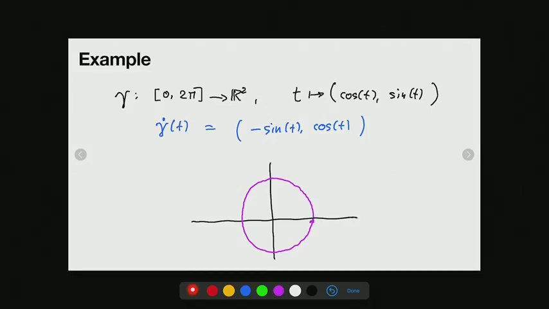And if you just plug in a few values, what you will observe is that these vectors look as follows. Very much what you would expect. It points in the direction where you're going, and it's always tangent to the unit circle. And besides, as we're on it, what is the speed? Just 1.